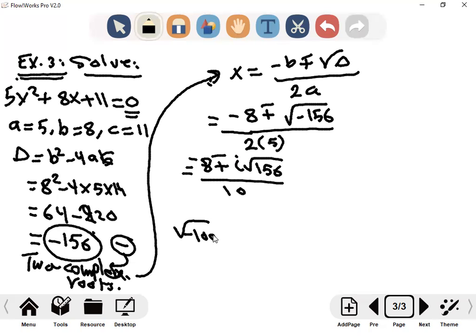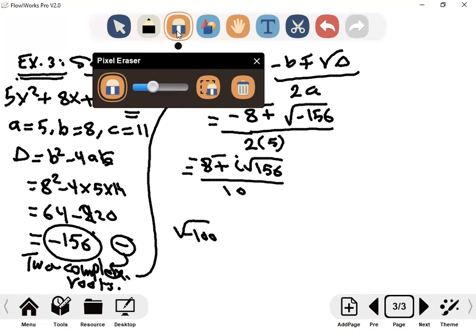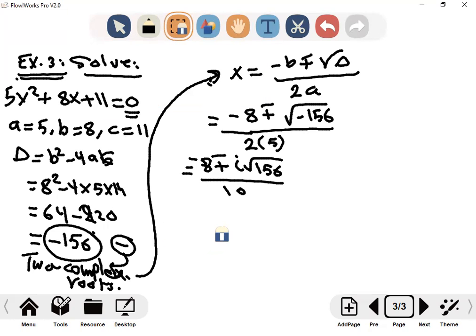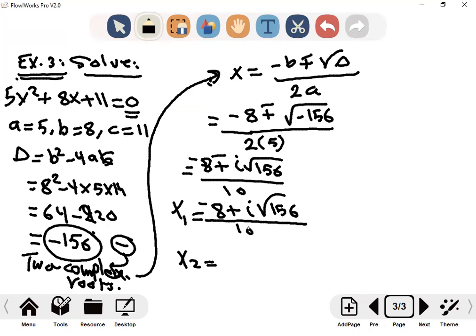So 10i here, not I square root. Got it? Now you have two-sided solution. x1, x2: negative 8 plus I square root of 156 over 10, or negative 8 minus I square root of 156 over 10.